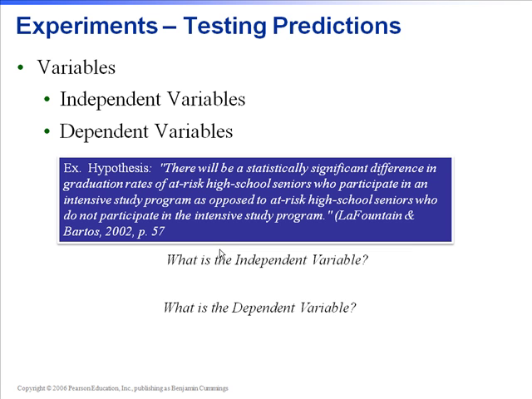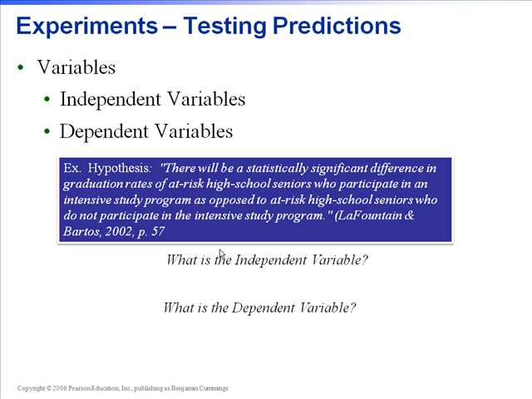Here's an example hypothesis. There will be a statistically significant difference in graduation rates of at-risk high school seniors who participate in an intensive study program as opposed to at-risk high school seniors who do not participate in the intensive study program. Okay, so there's the hypothesis. You can see the authors there and the year that it was published.